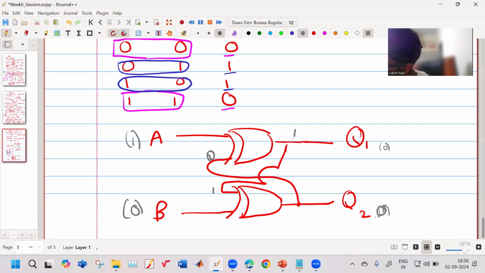And 1 and 0 will become 1. No, it should be oscillating. It should reach some steady state value actually.